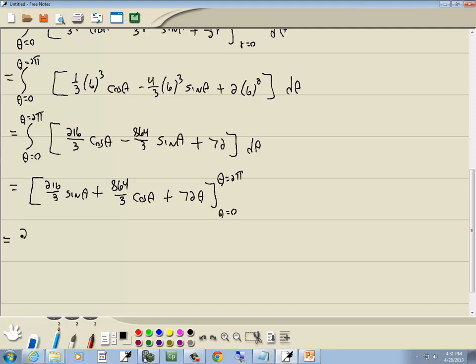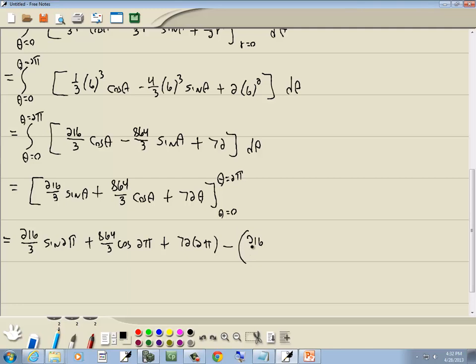Okay, so we'll have 216 over 3 sine of 2 pi plus 864 over 3 cosine of 2 pi plus 72 times 2 pi, minus, and then we'll put 0 in.